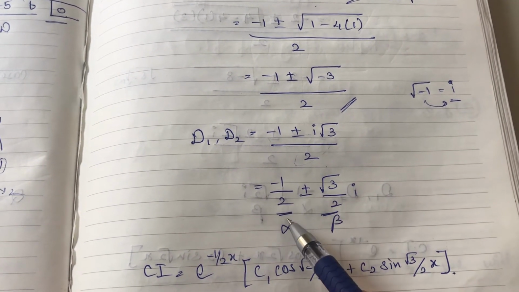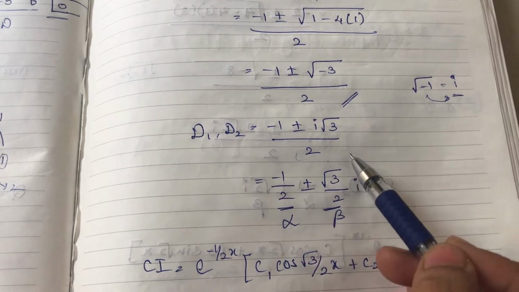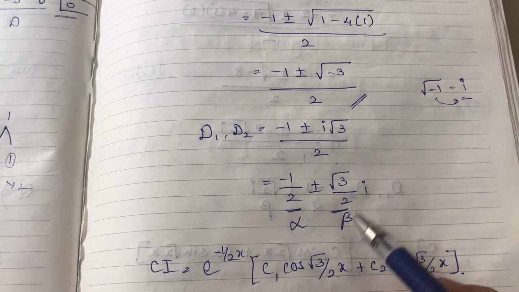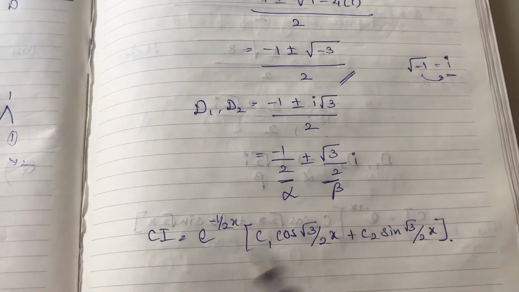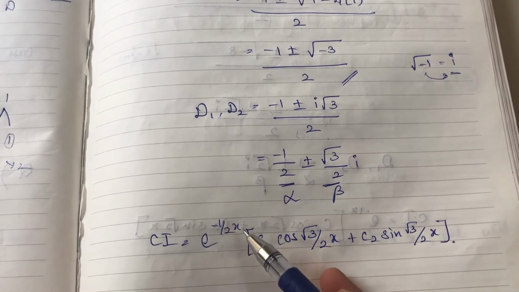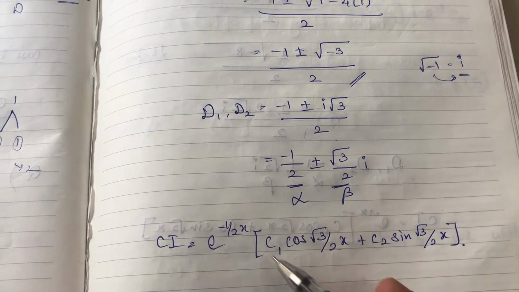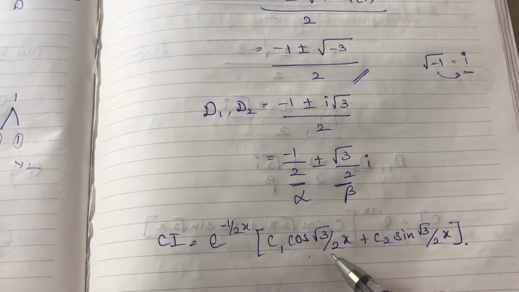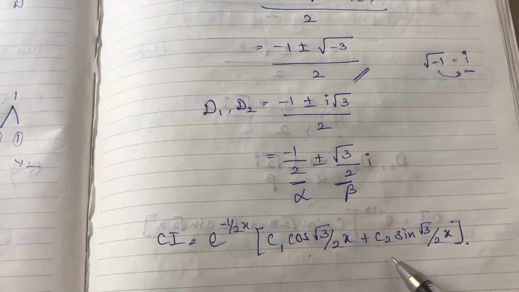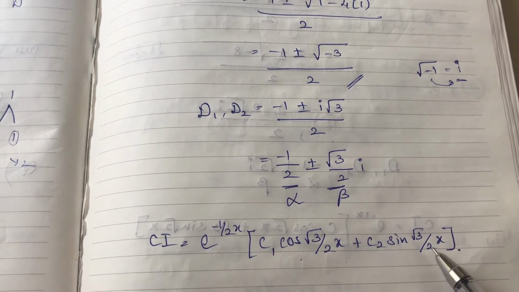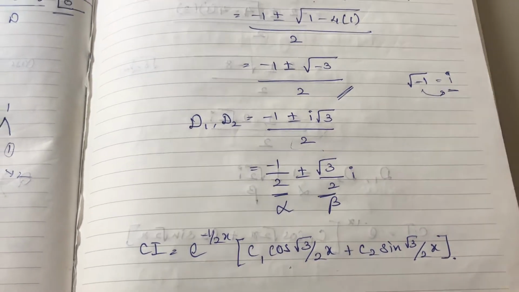So minus 1 by 2 as alpha, this is real, and root 3 by 2 i, this is complex. If the roots are complex, we can directly write e power minus half x, that is e power alpha x, into (C1 cos beta x plus C2 sin beta x). Beta is root 3 by 2, so C1 cos root 3 by 2 x plus C2 sin root 3 by 2 x.